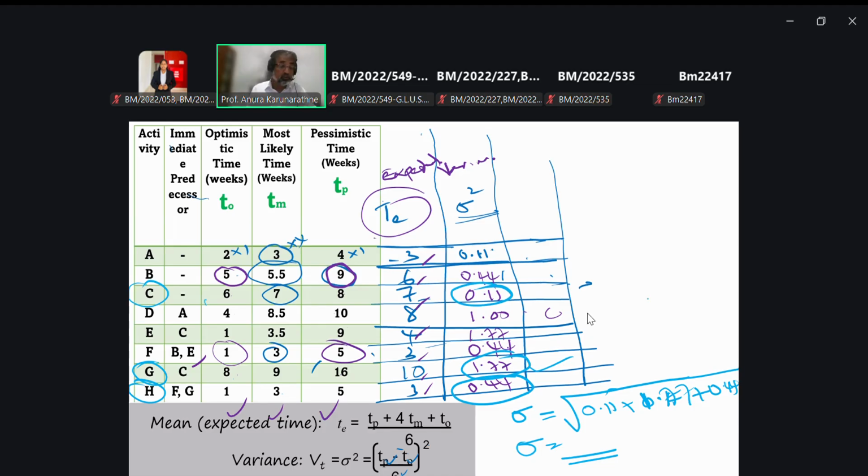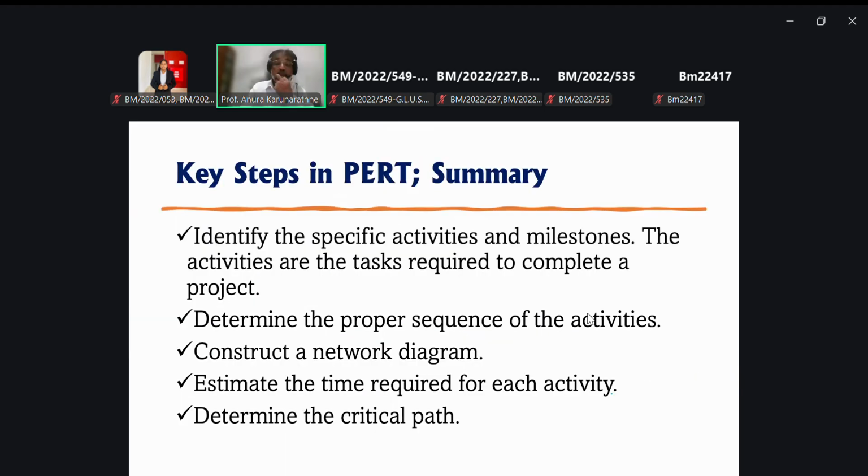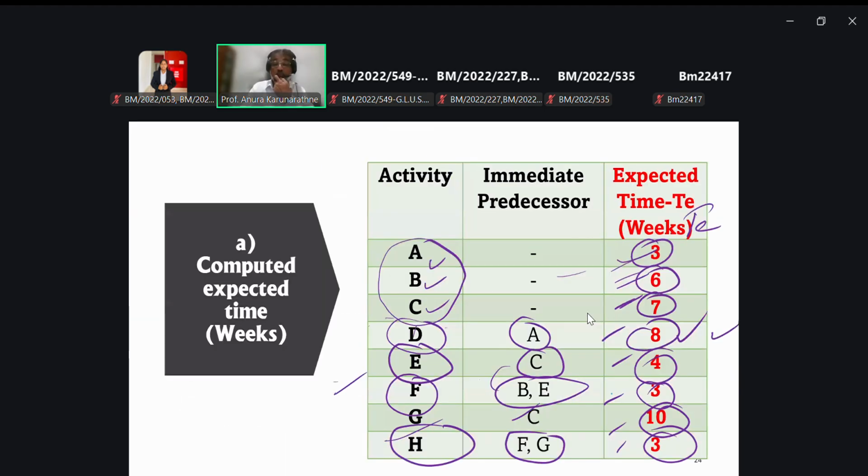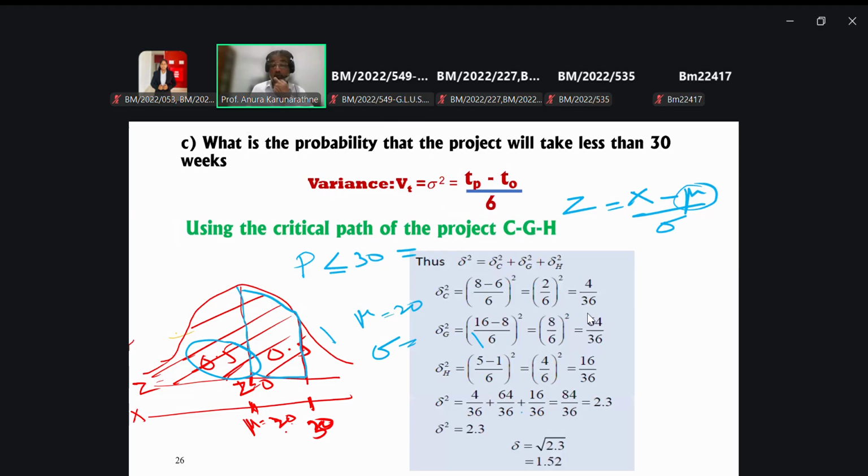The square root is 1.52. If you go to the answer, you can see the same value, right? Yes, this is 2.32, then your answer is 1.52. Now you know the standard deviation.